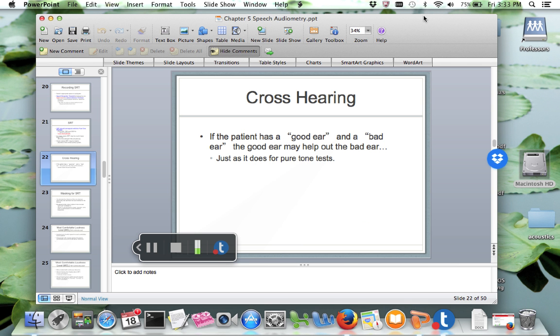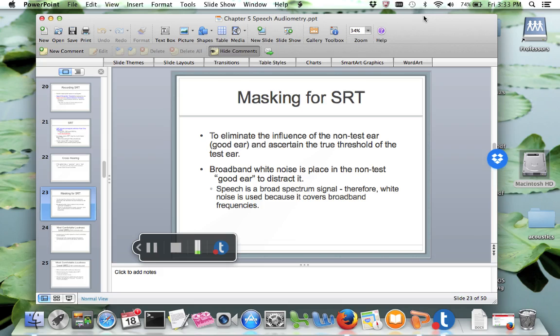Cross-hearing, just like it happened with pure tone audiometry, might happen with the speech testing. With cross-hearing, remember, it's when a good ear helps out a bad ear. So what you do for that is you put noise in one ear to distract it so that it can't help the other ear. And you would put in a broadband noise, a white noise that has energy at all frequencies.